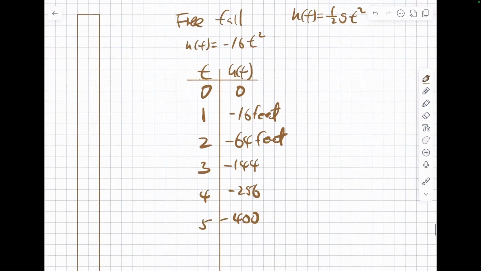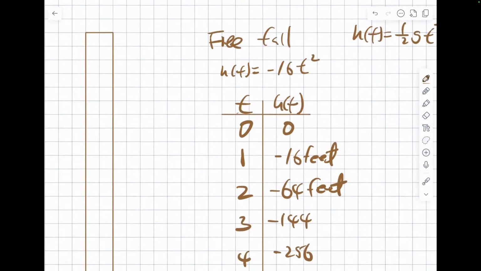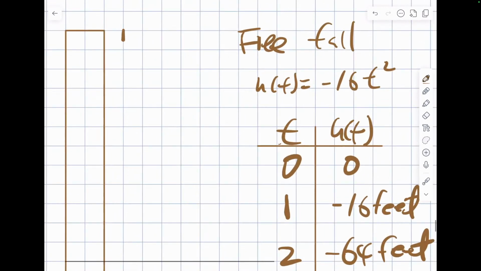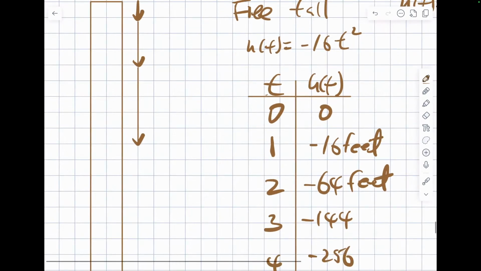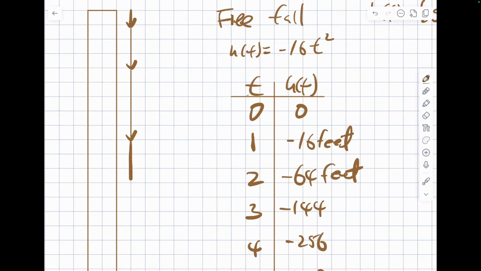So in terms of scale, each space here is going to be 16 feet. In 1 second, it's going to fall this much. In 2 seconds, it's going to fall this much. In 3 seconds, this much. In 4 seconds, this much.